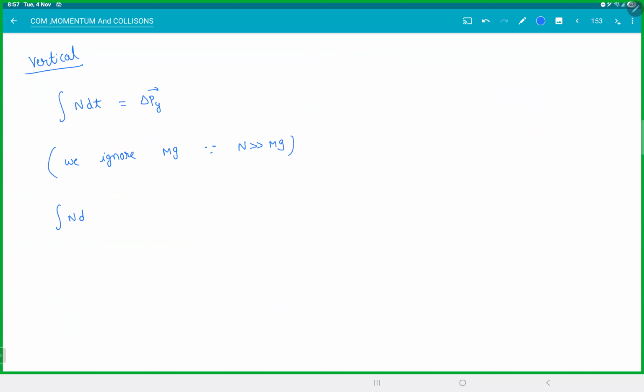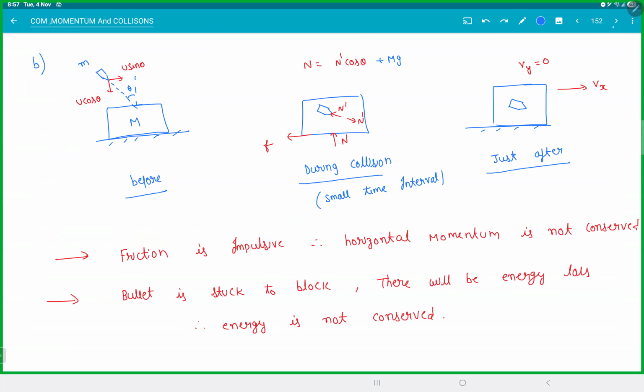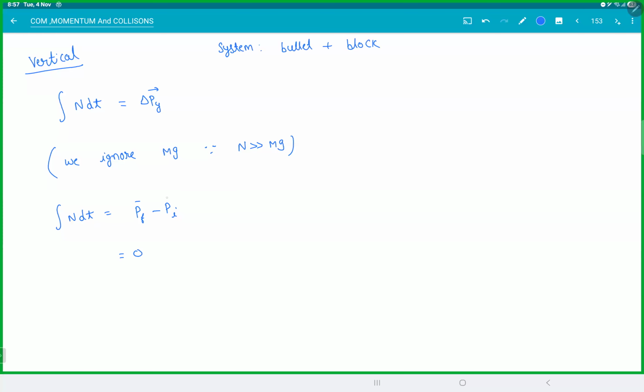One other thing. Integral N dt will be P final minus P initial in the vertical direction. Remember, my system here is bullet plus block. Finally, the block and the system is not going up and down, so that is 0. Initially, it is minus mu cos theta. There, this is your impulse, integral N dt.